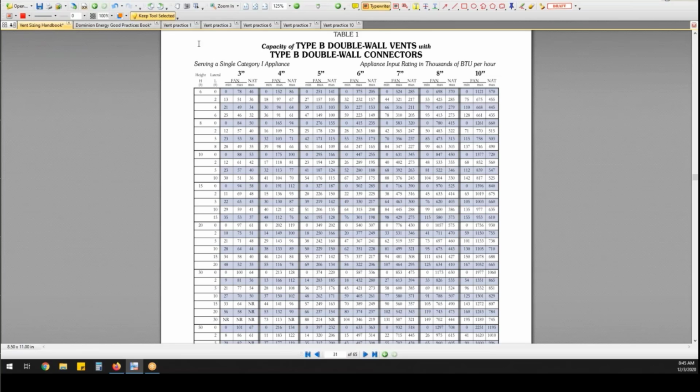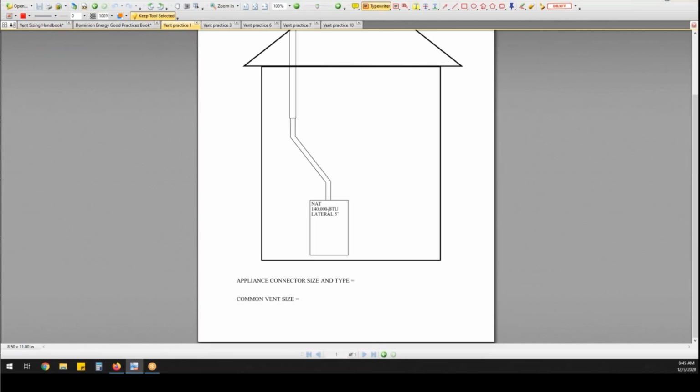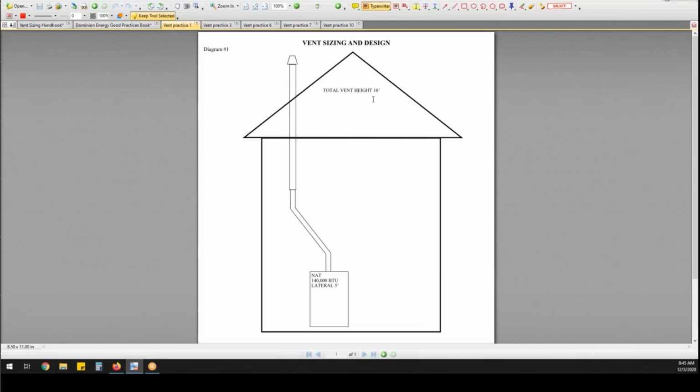So we've got to make sure when we see the diagram that we understand what we're looking at. So this is a natural draft furnace or whatever appliance. It's 140,000 BTUs. My lateral run, so from here to here, is 5 feet. And my total vent height is 10 feet.